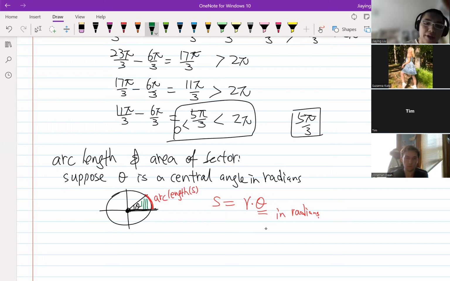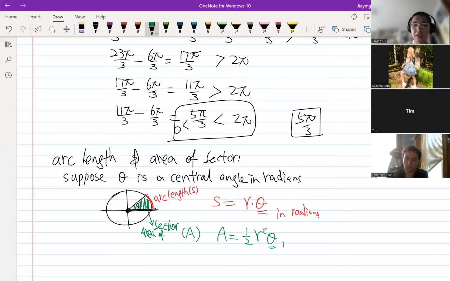And this sector has the area, I'm going to call it A. So the area of the sector is equal to 1/2 R squared theta. Again, theta is in radians.